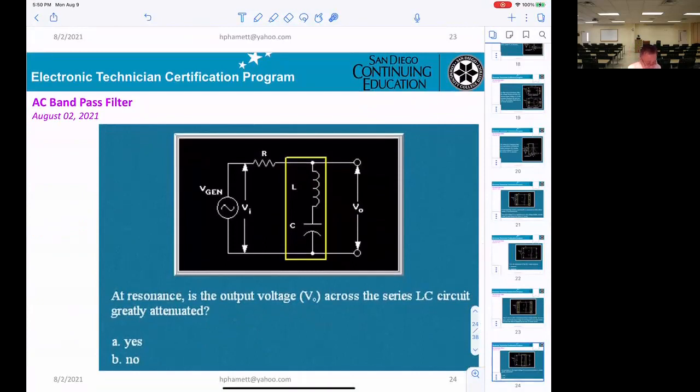At resonance, the output across the series LC circuitry is greater than 28. Yes or no? Yes.